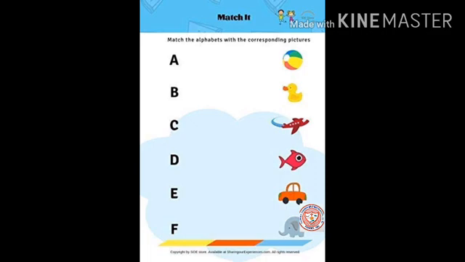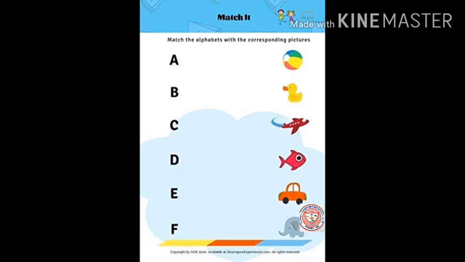So we have to do the matching. A for aeroplane, B for ball, C for car, D for duck, E for elephant and F for fish. So this time I'm not going to show you the picture. I think you understand.